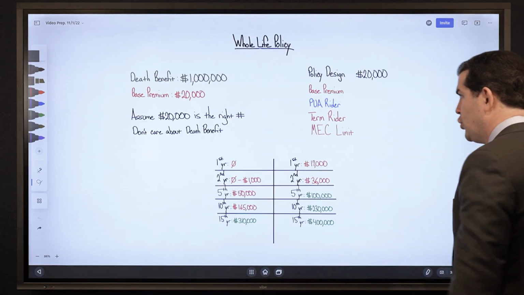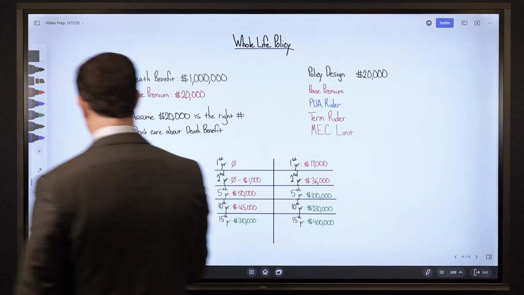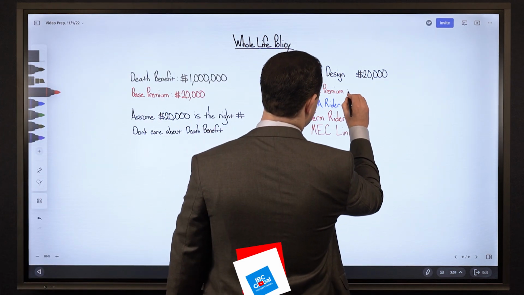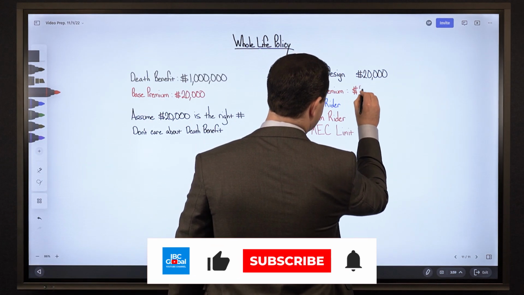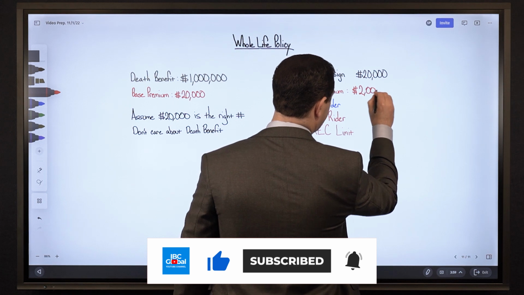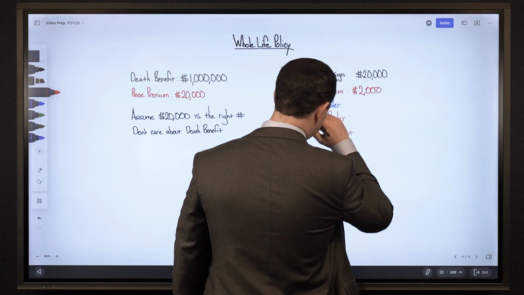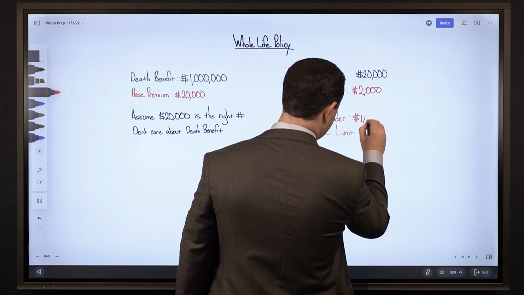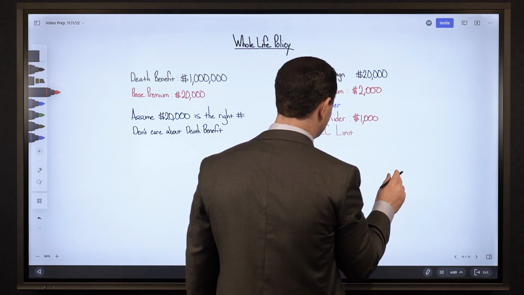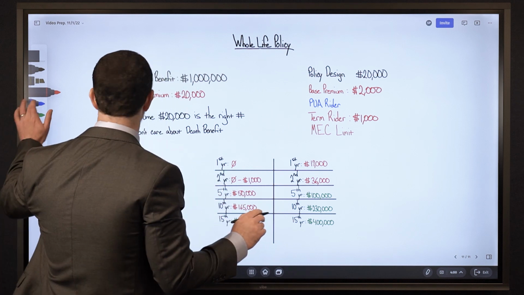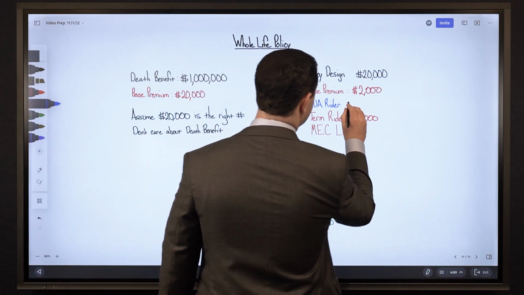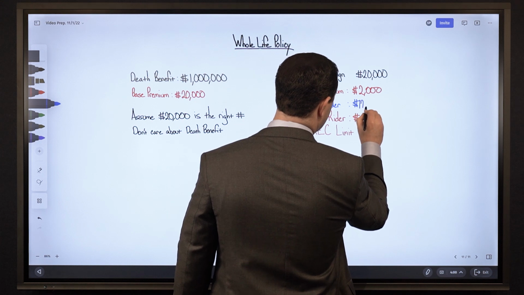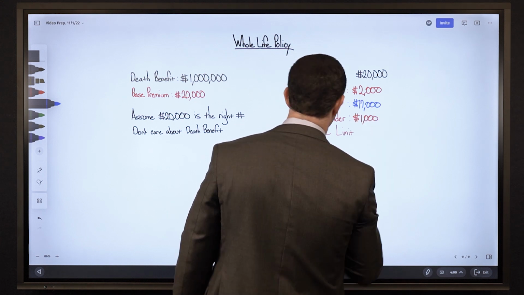So to summarize everything here, what we can do is this. $2,000 base premium. Age will have an impact on this. It'll likely be lower than $1,000. It almost always will with $20K per year, but let's call it $1,000. And then $17,000 toward the PUA rider.